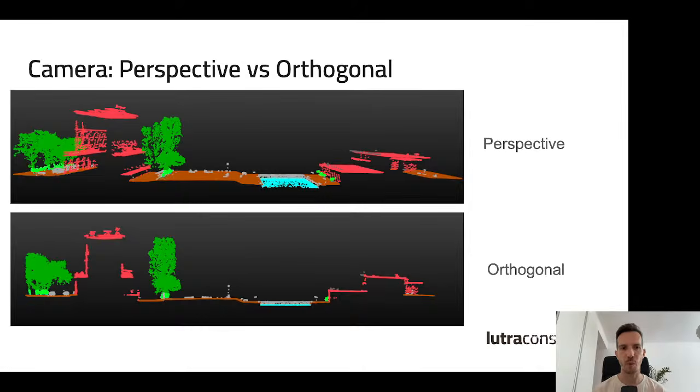With an orthogonal camera, you are not getting the perspective distortion, which you can easily see here on the buildings, and for the data you are trying to inspect and do some QA on, it's much easier to understand.